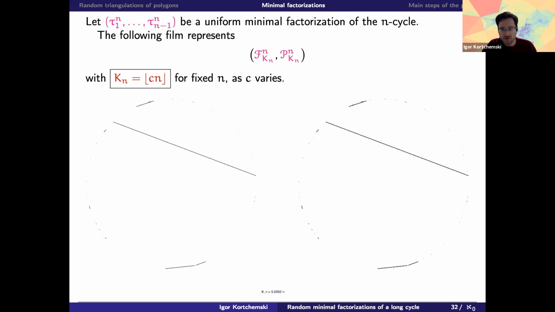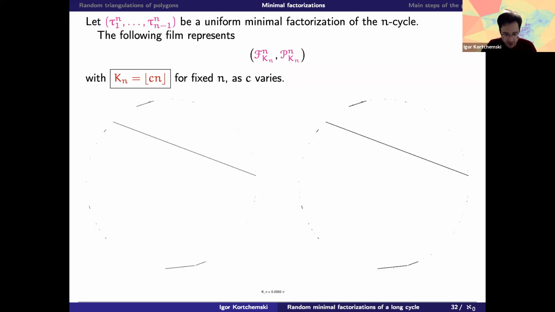Is there a phase transition? Is there a critical window? What happens? Or maybe you read big transpositions right in the beginning. Maybe in the beginning you read small transpositions, and after some point you read large transpositions. This was basically the question we were interested in.